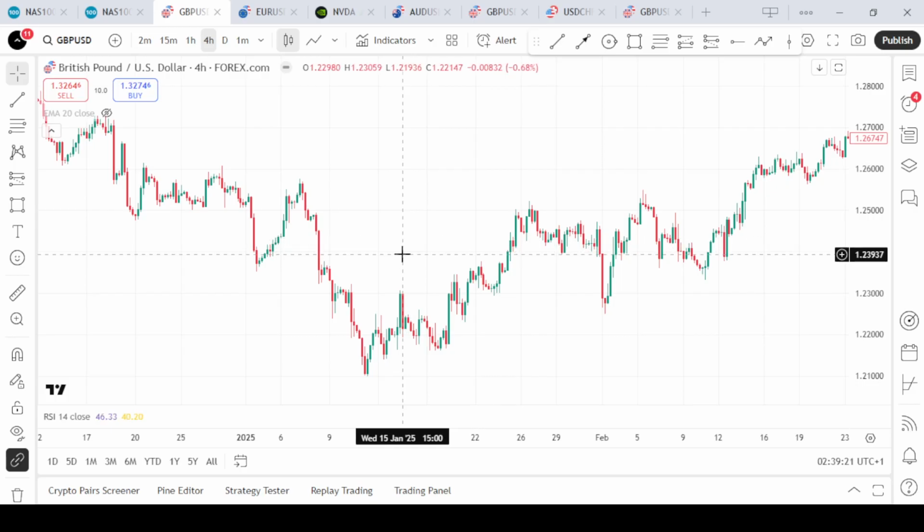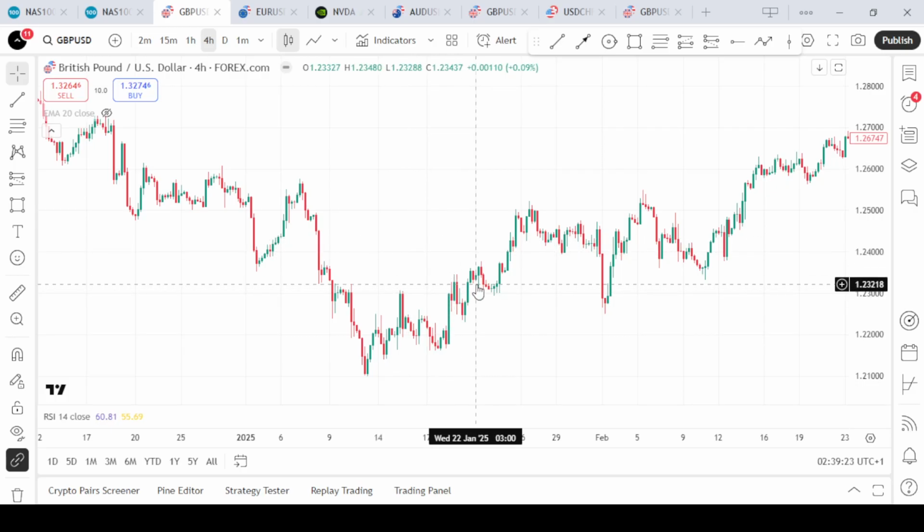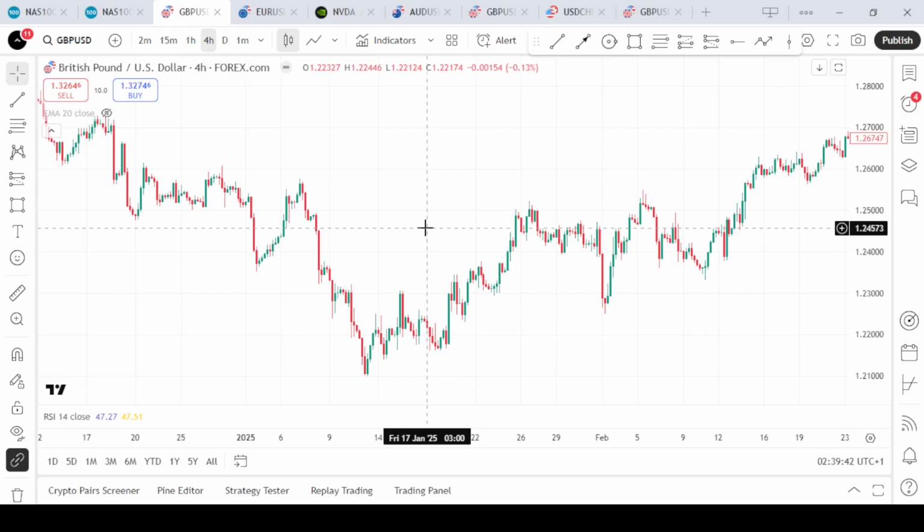And in today's video, we're going to be talking about one of the most effective yet straightforward approaches to navigating the market, the simple trend trading strategy. Now, this strategy has been a cornerstone for many successful traders, allowing them to capture significant market movements while minimizing complexity.